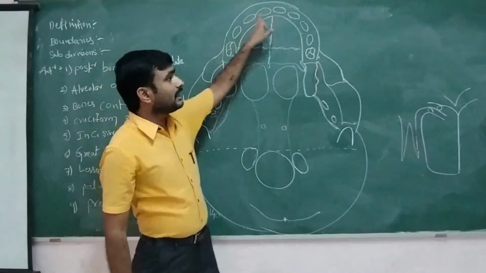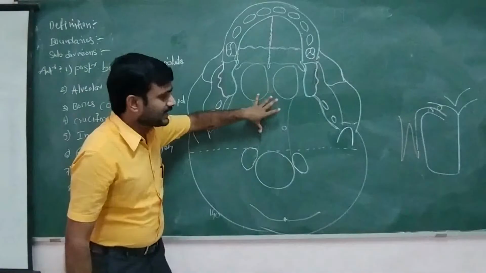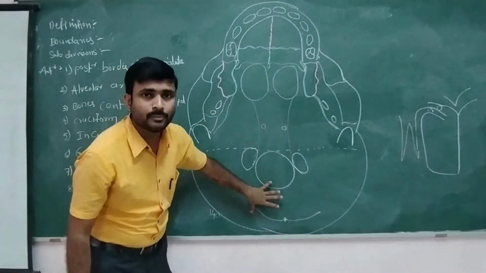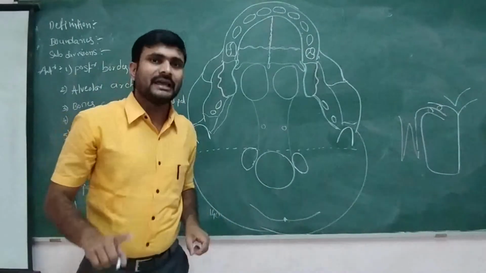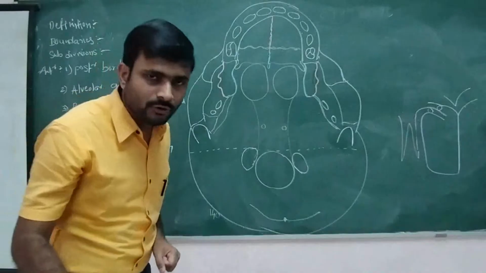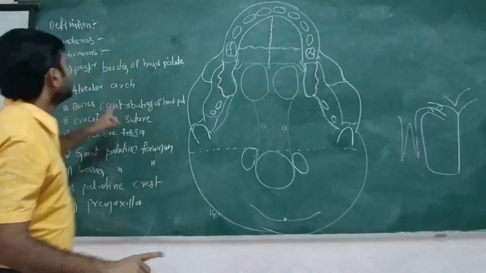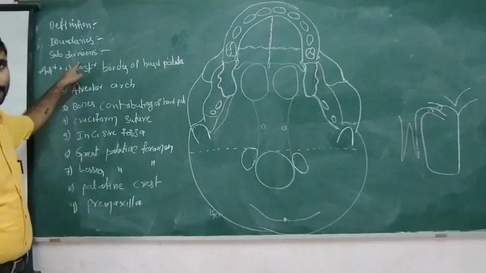The anterior part is the alveolar arch and the hard palate, this area is the middle part, and this is the posterior part of the norma basalis. So this is about the subdivisions of the norma basalis.